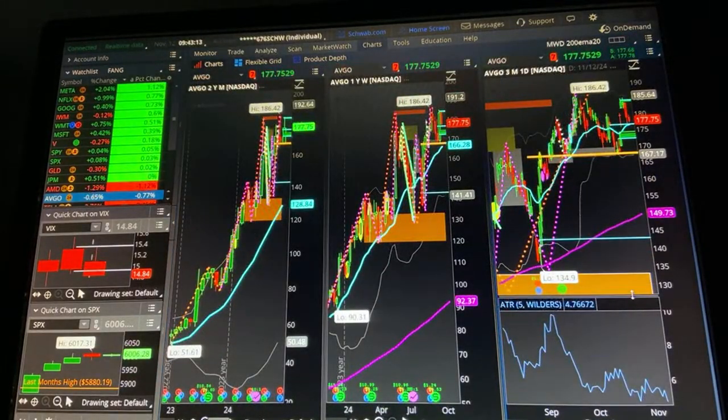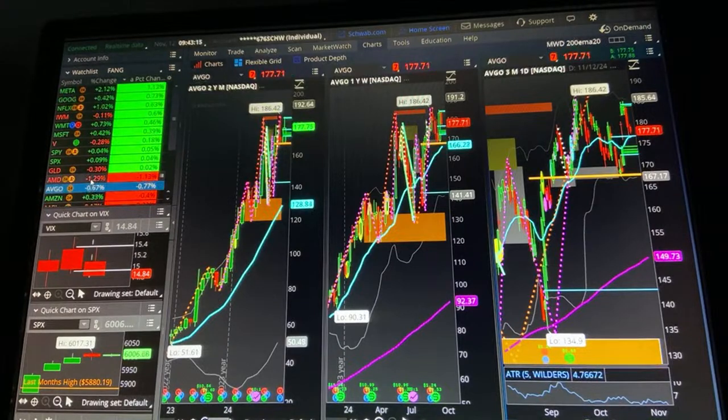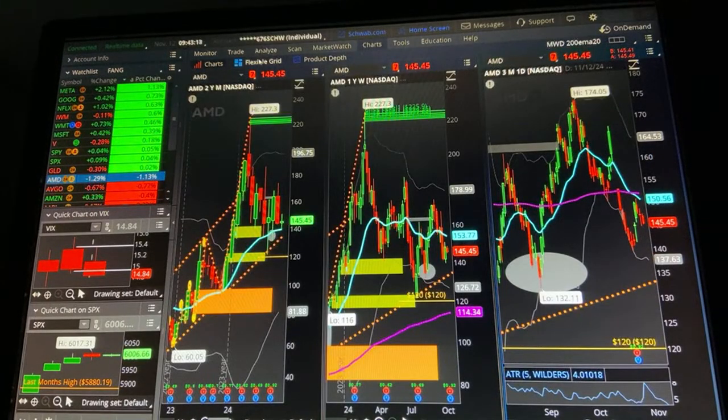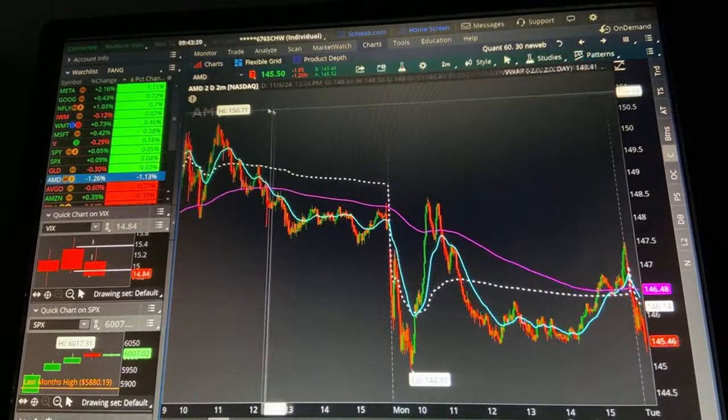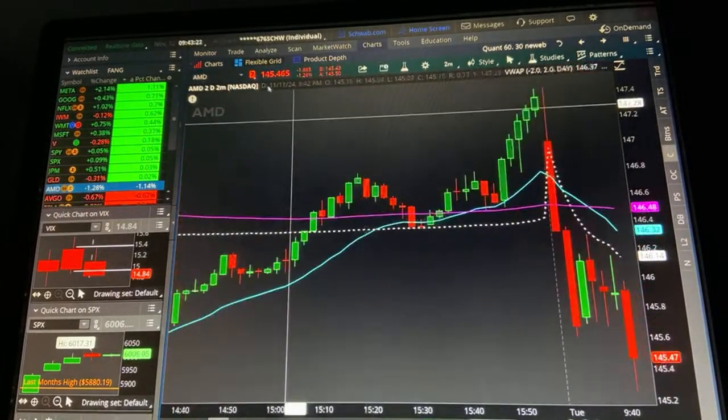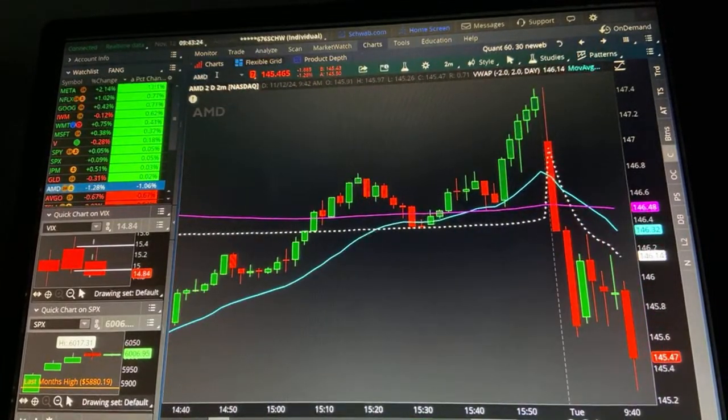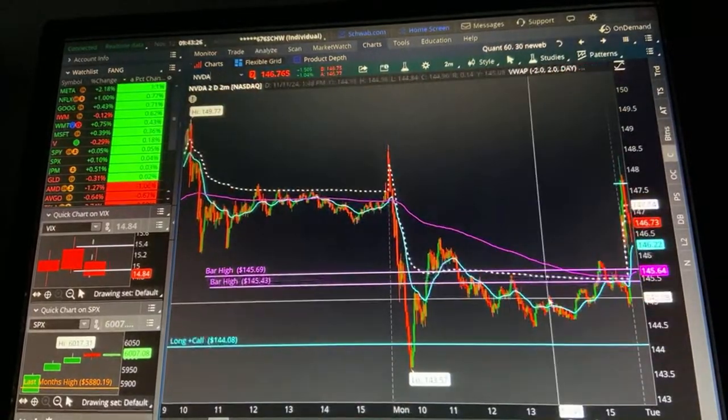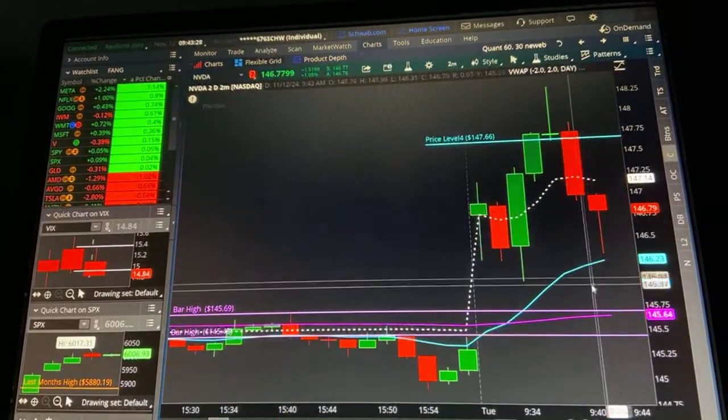Man, AVGO's not, no. Semis are not having a great day, so I want to be careful with NVIDIA. Yeah, NVIDIA semis are being a little weird right now.